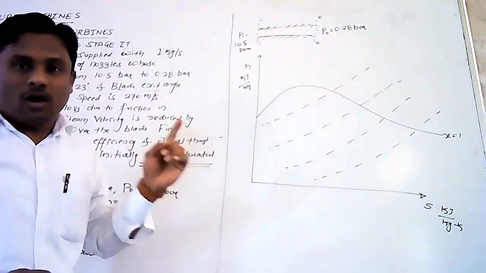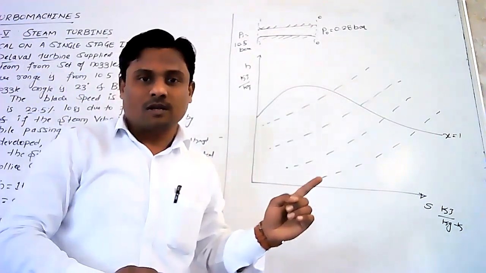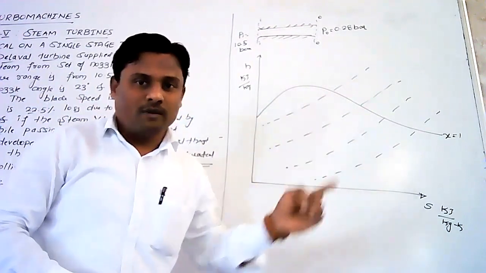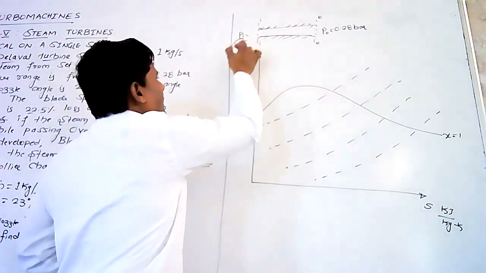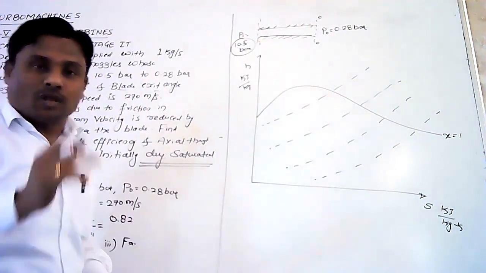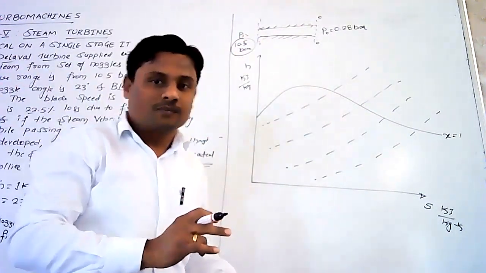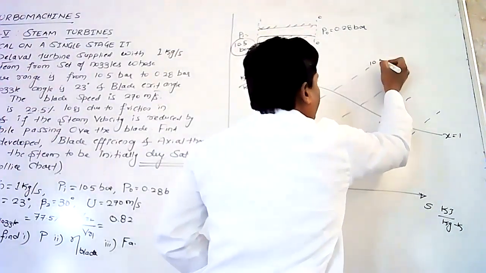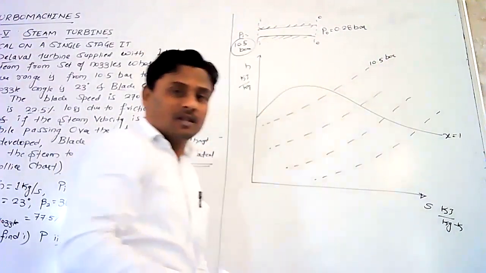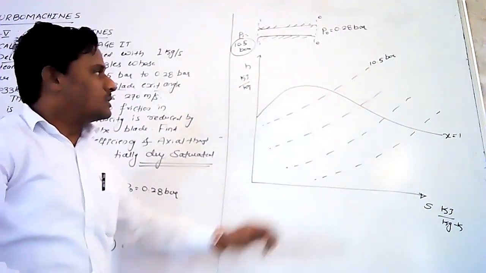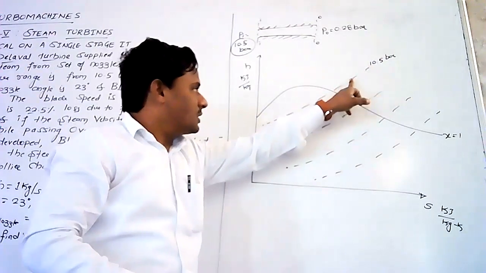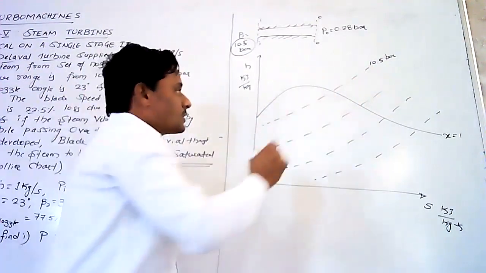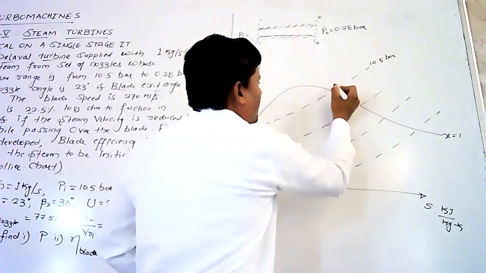At the inlet he has given the pressure Pi equals 10.5 bar. So the condition of steam is dry saturated and the pressure is 10.5 bar. Check where the constant pressure line and the dry saturated curve intersect. This is the inlet condition, point I.